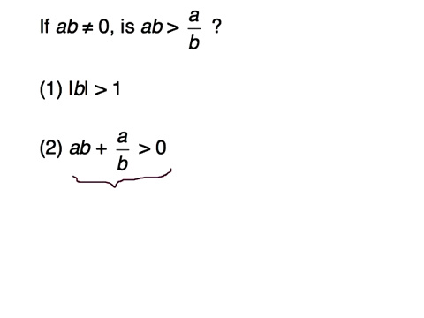When you look at statement 2, you should think two things. The first thing is, I bet this is not sufficient, because it looks too eerily similar to the question, like it's too good to be true.